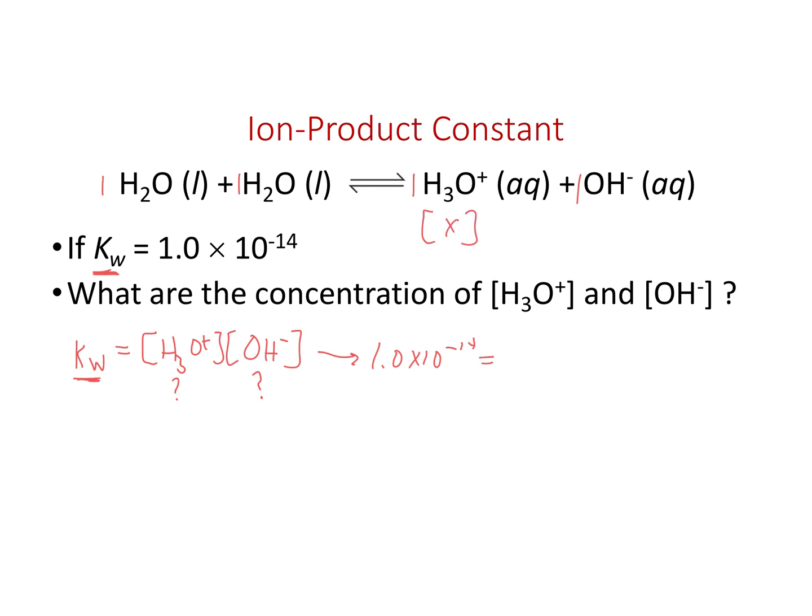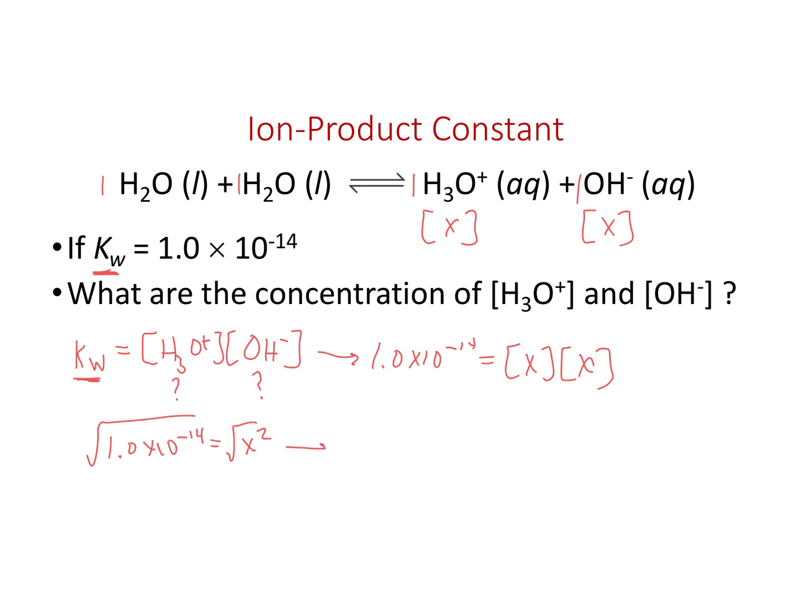So if I say I'm going to form X amount of hydronium, I'm also going to form X amount of hydroxide. So our Kw equals the concentration of hydronium, which is X, times the concentration of hydroxide, which is X. So I get 1 times 10 to the minus 14 equals X squared.